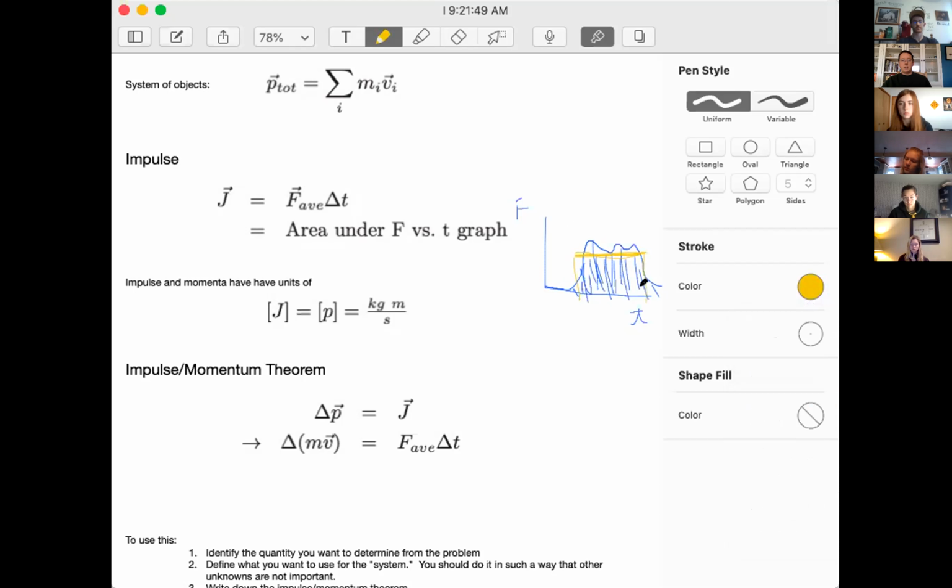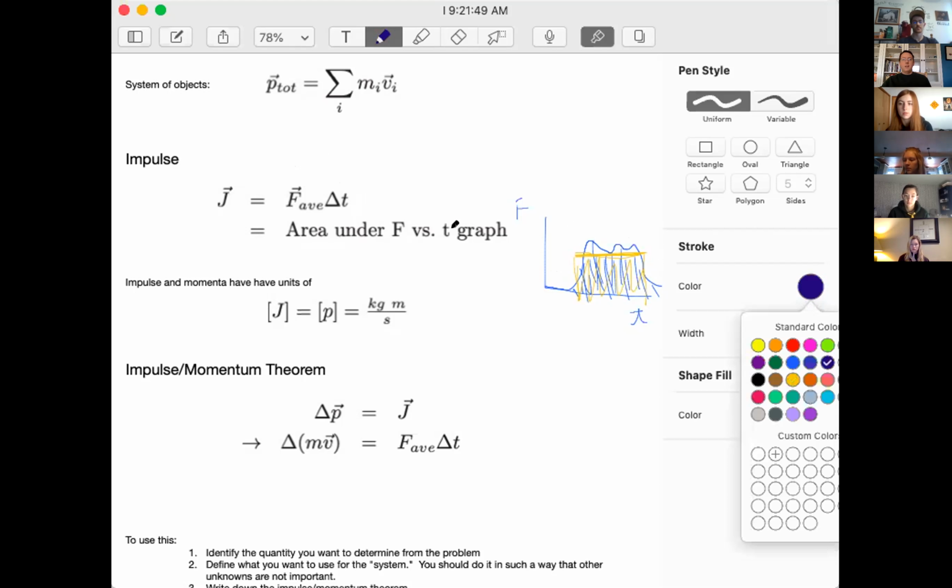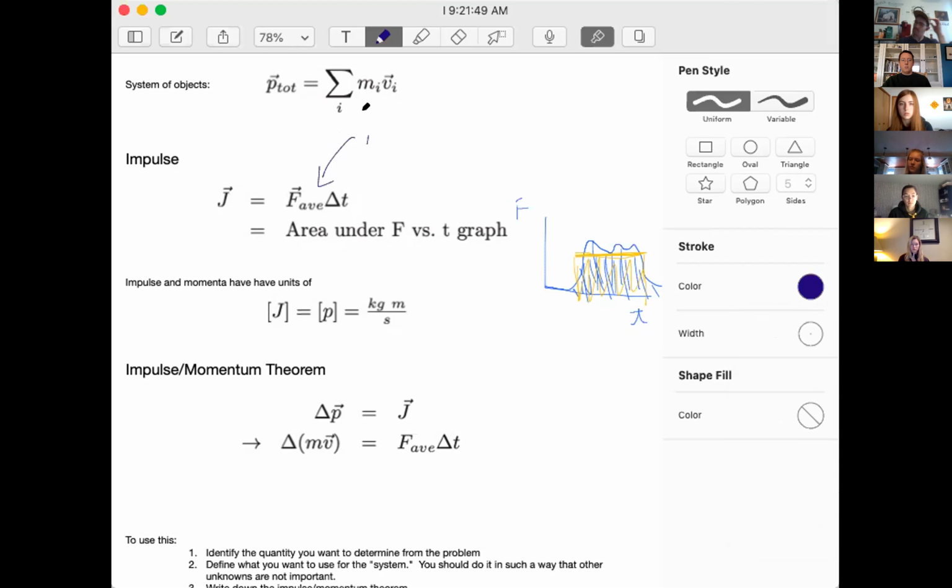Basically, the idea is you could replace the true area with the average area, and you would find that the impulse equals the average force times the interval of time. This is probably the better way to actually define it. The top one is the most useful for us.